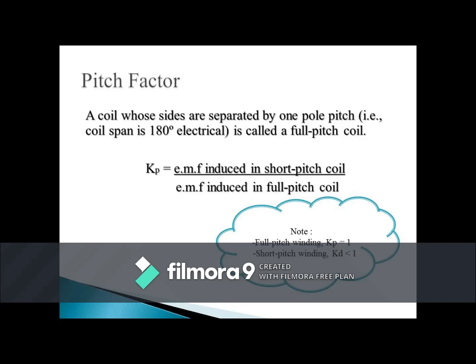Kp equals EMF induced in short pitch coil over EMF induced in full pitch coil. We note that for full pitch winding Kp equals 1, while for short pitch winding Kp is less than 1.